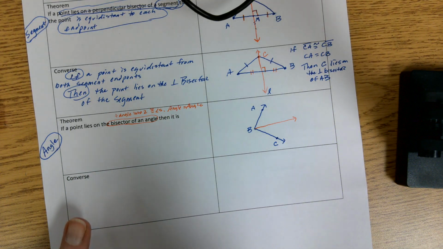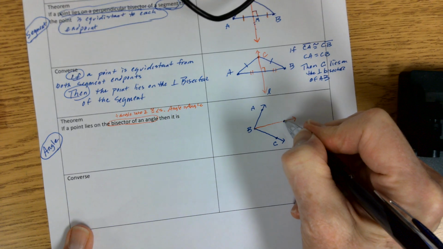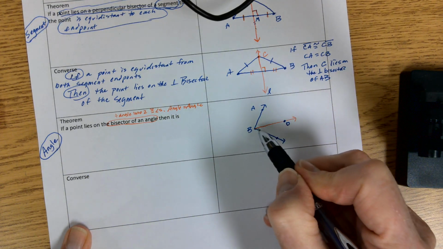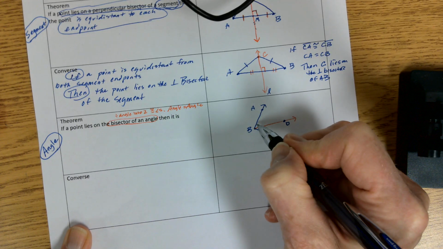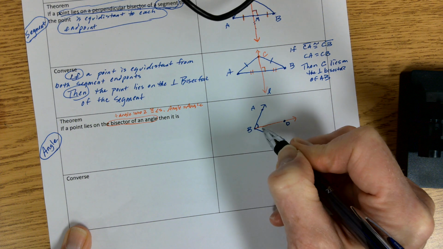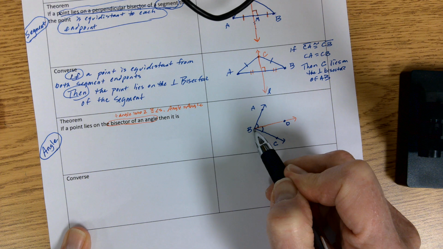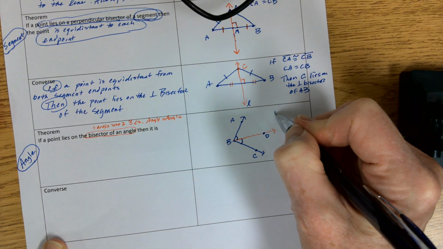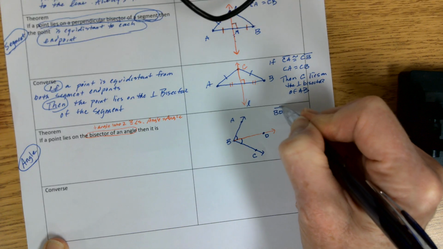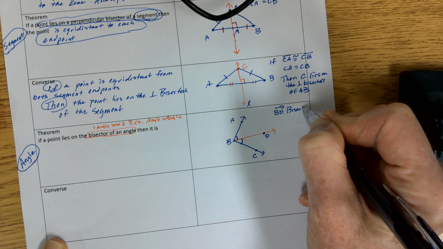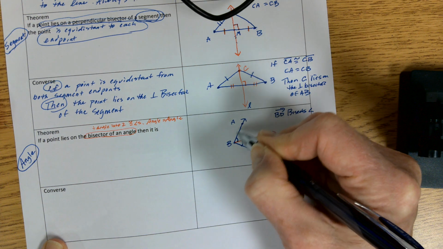So let's call this D. Since I'm telling you it's a bisector, that means this angle is congruent to this angle. So ray BD bisects angle ABC.